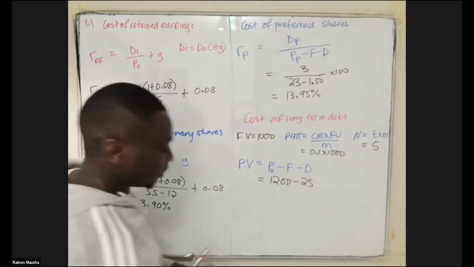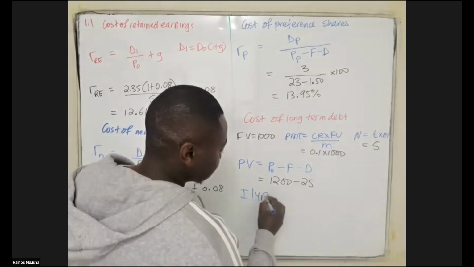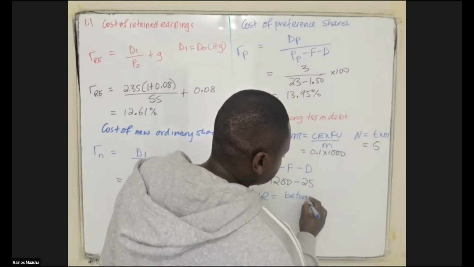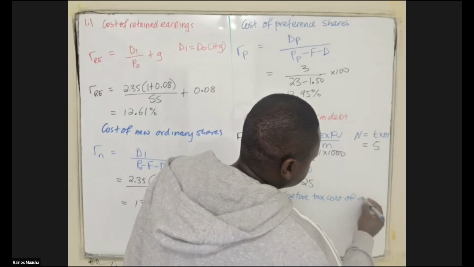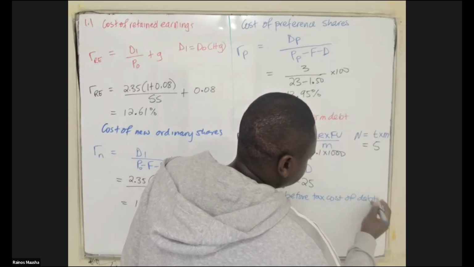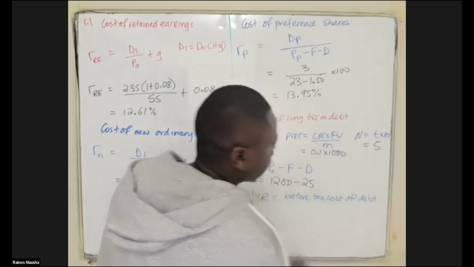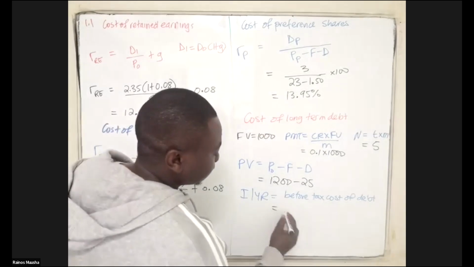So the interest per year that we're going to calculate in this case is the before tax cost of debt. So in this case, how much is the before tax cost of debt?